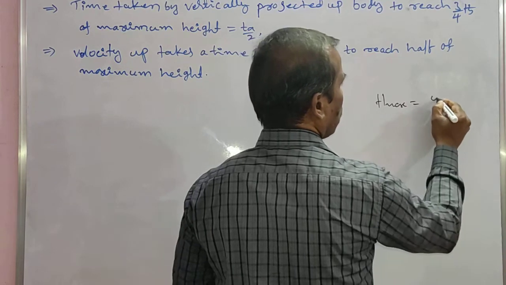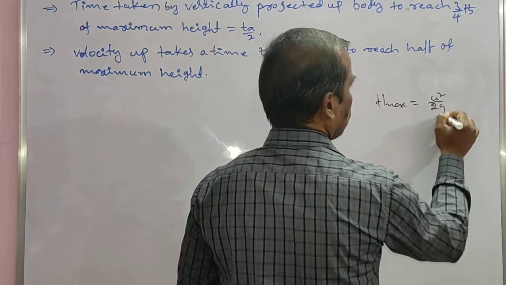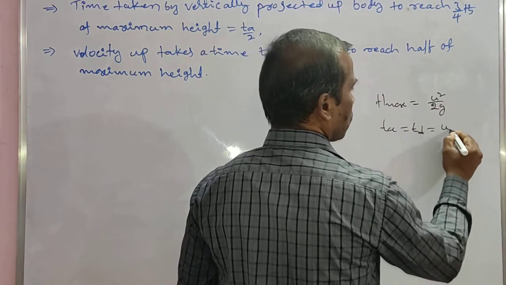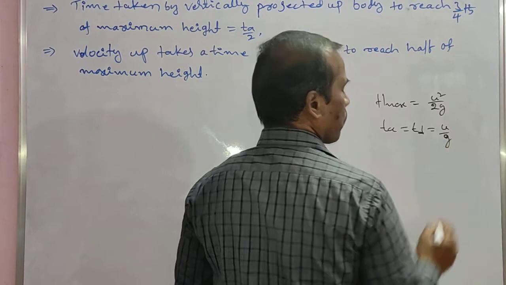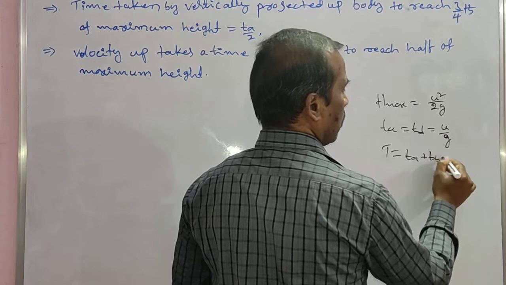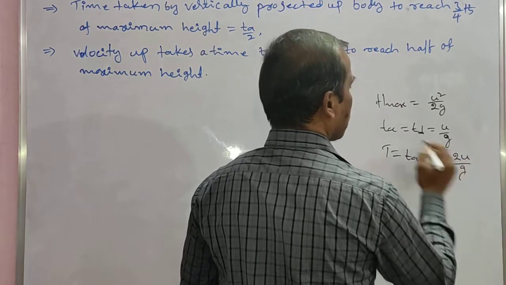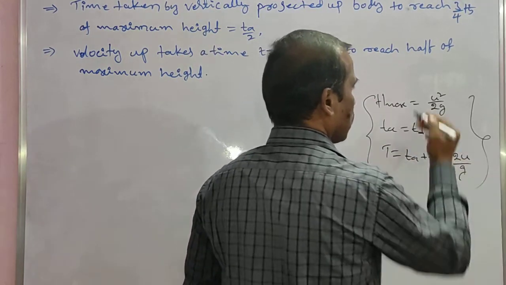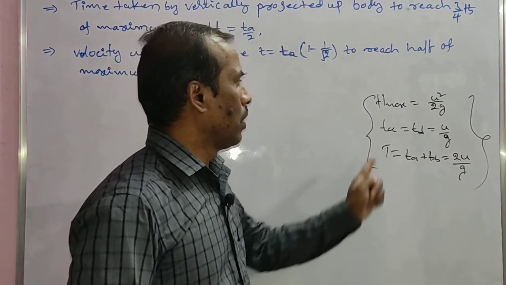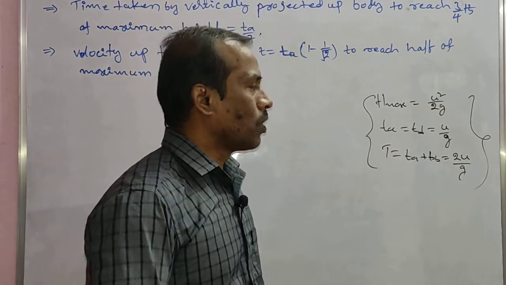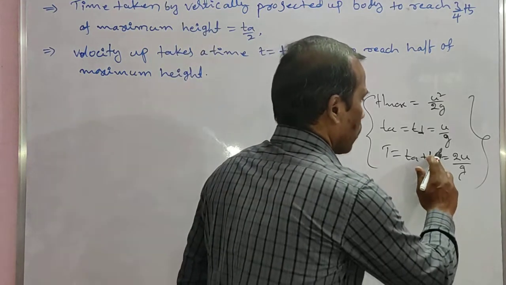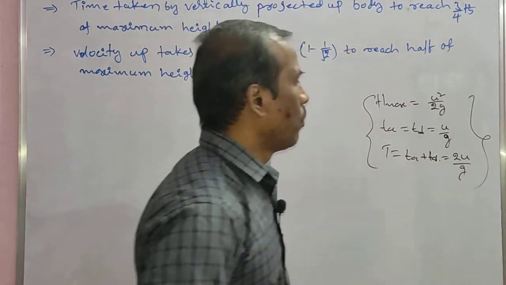Maximum height is equal to u square by 2g. Time of ascent is equal to time of descent is equal to u by g. Time of flight is equal to TA plus TD, which is equal to 2u by g. We discussed these formulas in the last class.